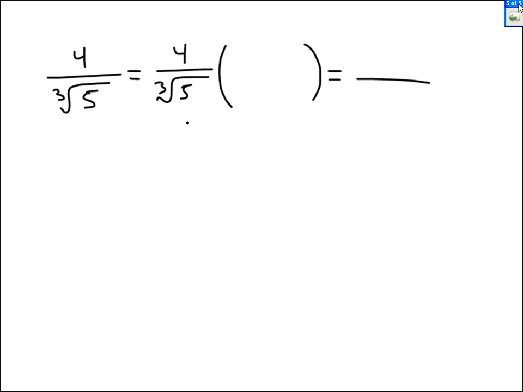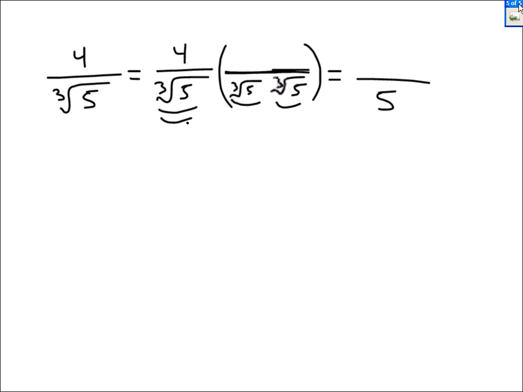Now, if you have cube root of 5 and you want to get an integer, you need cube root of 5 3 times. But since you have it 1 time, you need it 2 more times. So cube root of 5 times cube root of 5 times cube root of 5 is 5.